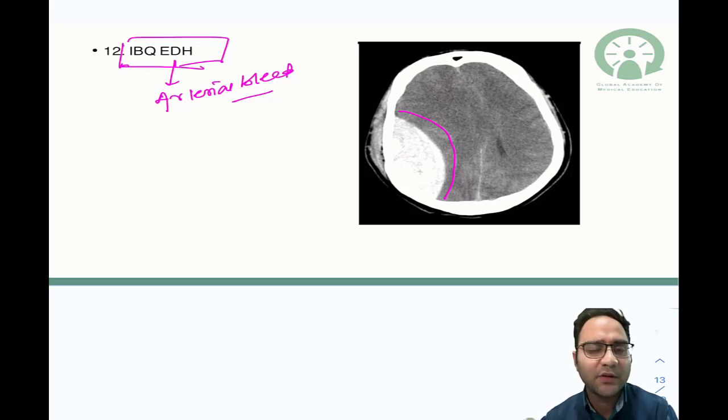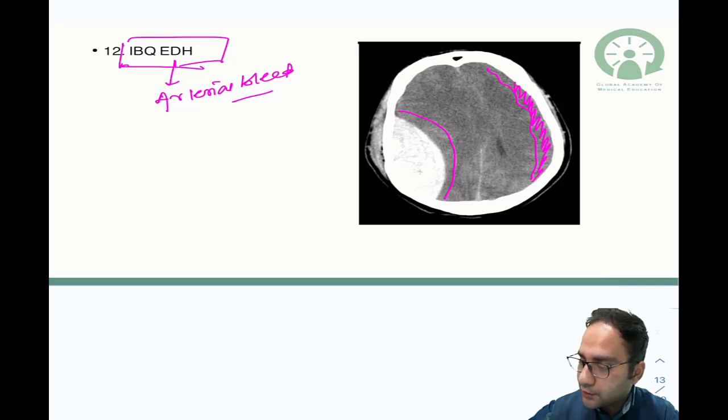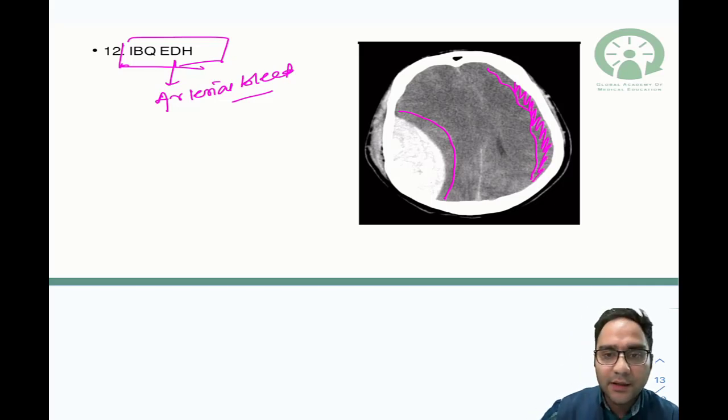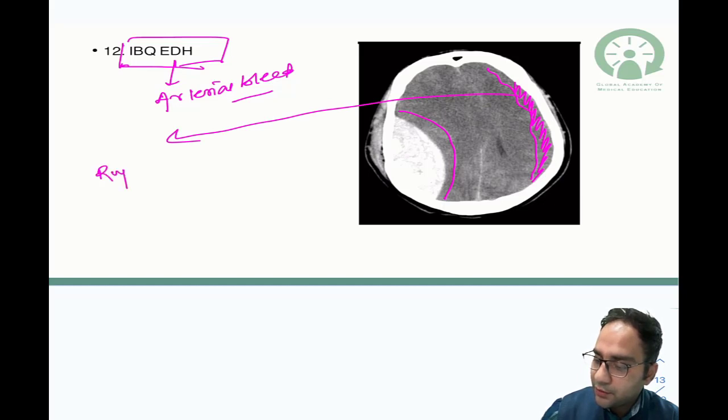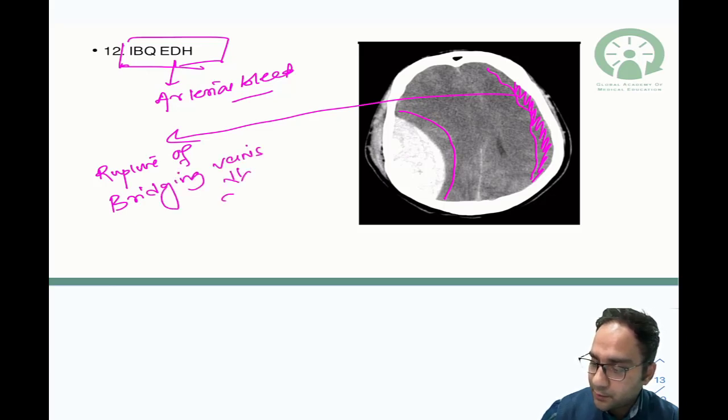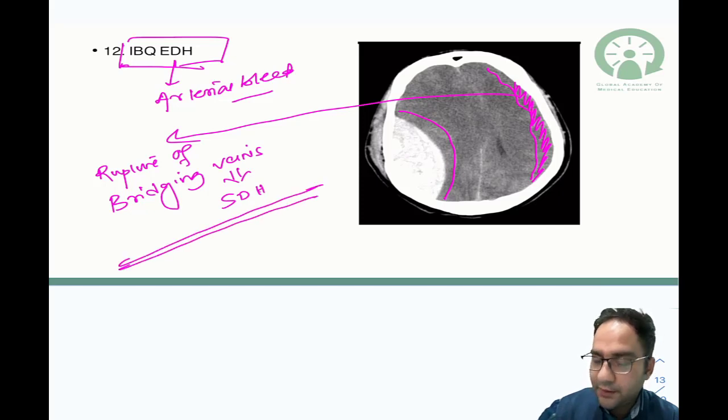They had asked about subdural hematoma in that case, where you have a concavo-convex bleed. So EDH is by the arterial bleed, whereas the subdural hematoma is by the rupture of bridging veins, right?